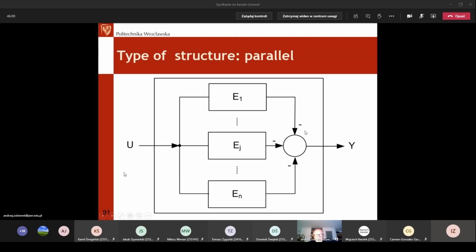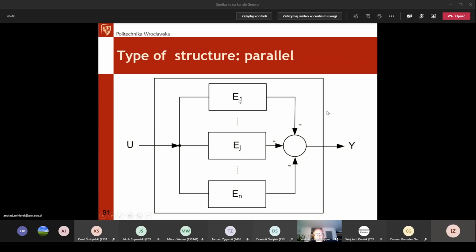One of these methods is presented here. It means that by this summing junction, we write minus, meaning that this signal is subtracted from the sum of the rest of the signals.